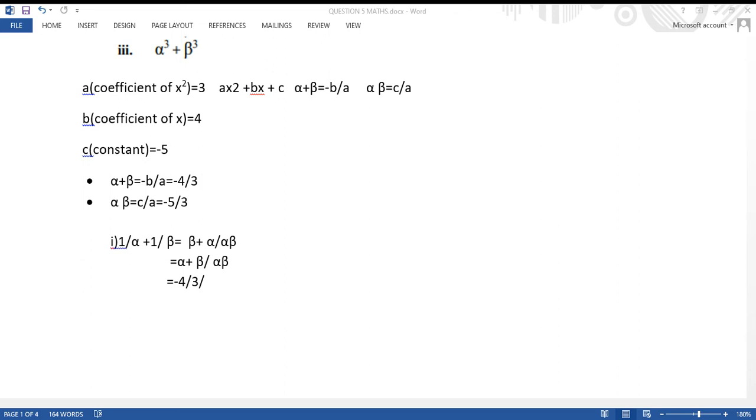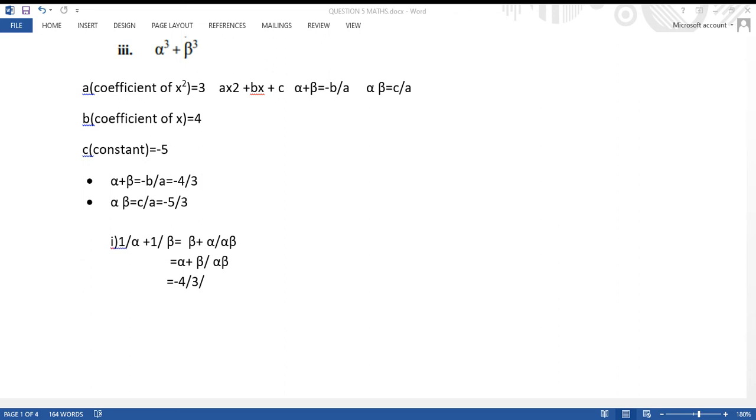Always remember alpha plus beta equals negative b over a. You always have to remember this. Then alpha times beta is c over a. So these a, b, and c here are just representing the coefficients in this quadratic equation.